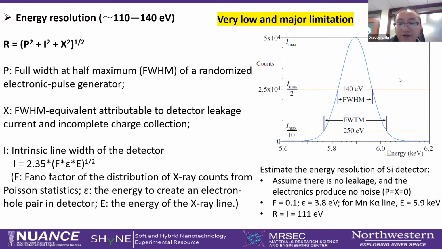You can see the energy resolution is about 111 eV. It's very low. If we included the effect from the detector itself, this will be even worse. So that's why the energy resolution is very low.